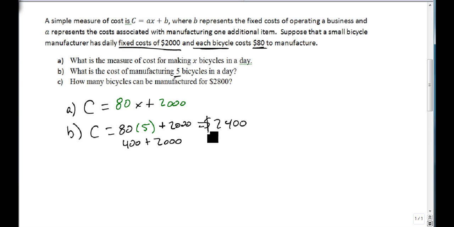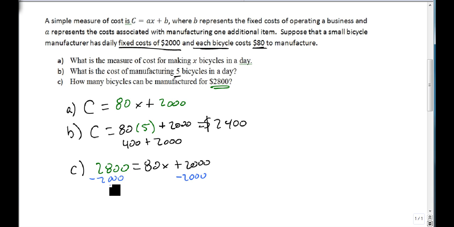In a very similar way, we now are looking at part C, where how many bicycles can be manufactured for $2,800? Well, that $2,800 is the cost, so that goes into C. So 2,800 equals 80x plus 2,000. Now we solve for x. Subtract 2,000 from both sides.